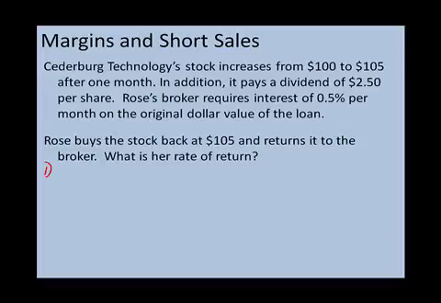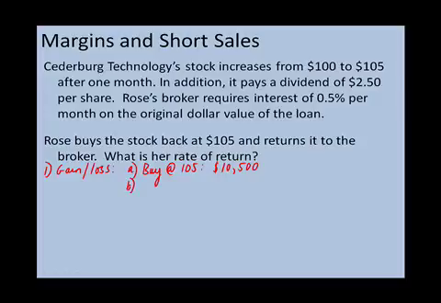We're going to start again by considering, first of all, the gain or loss. So Rose has to buy back the stock at 105. That's going to give us a cost of $10,500 to buy back 100 shares.